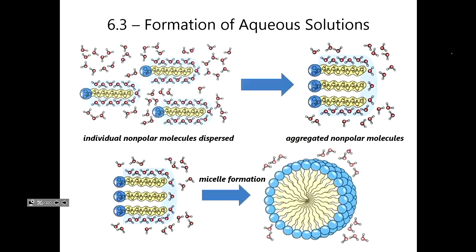So here are some cartoons trying to illustrate this process. Imagine individual particles of nonpolar substances. Rather than the water having to organize itself around these pieces over here, this little blue thing is actually polar. This is an amphiphilic substance, like a soap or detergent.